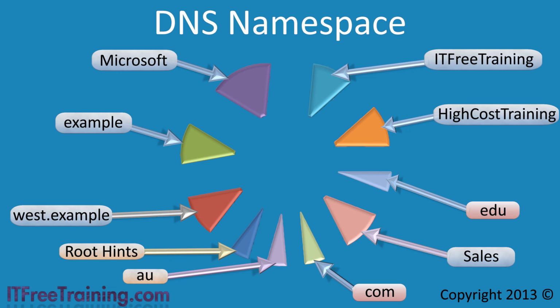For individual namespaces, there are servers that hold this namespace. For example, there is a DNS server that holds the Microsoft or ITFreeTraining part of the namespace. Dividing the namespace up like this allows central control, but at the same time allows individual administrators to make their own changes as required.